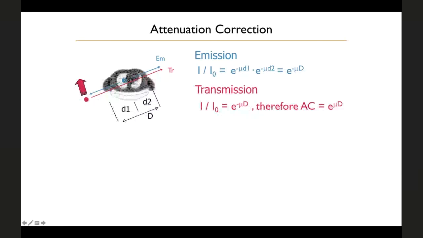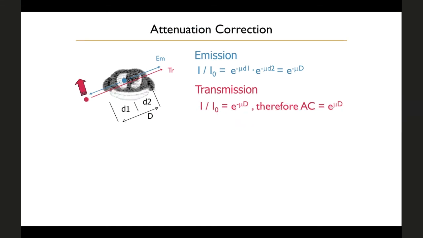So if this photon going this direction traveled through a distance d1, then the number of photons which actually make it out to our detector is reduced by this factor mu, which is the linear attenuation coefficient. And that varies with the density of the material that the photon is traveling through, and also the energy of that photon.